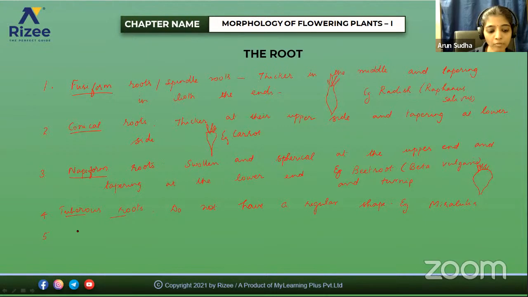And the fifth form is nodulated roots. And this also you would have heard of, that is the presence of nodules in the roots. And the example is rhizobium. That is, in the roots there will be nodules.